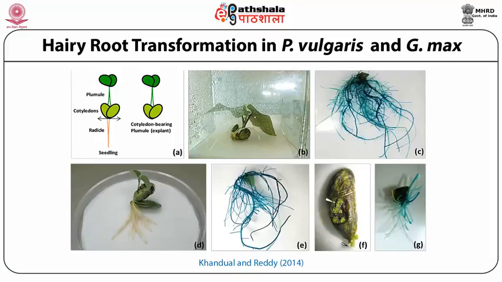This slide shows the selection marker here is a GUS gene. Upon supply of X-gluc, the gene produces a blue product through glucuronidase. So you can see the blue roots. That means these are the roots which are formed due to transformation.